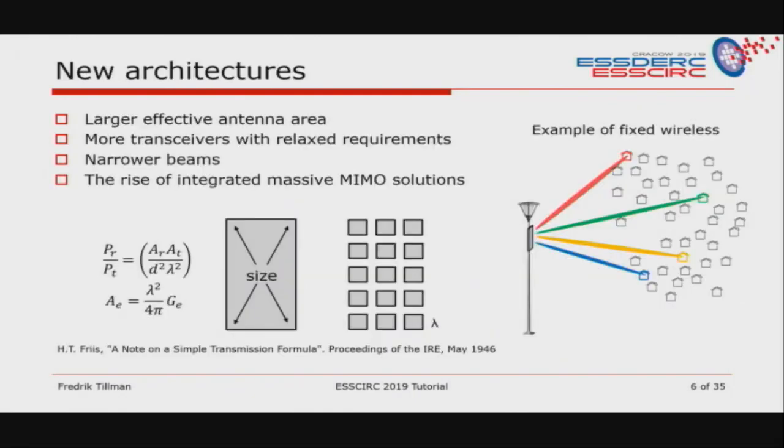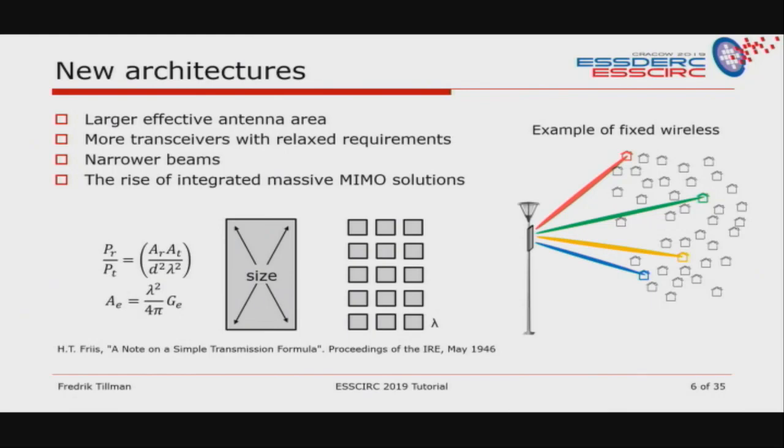What we do today is that we move into antenna array systems. We need to bring up the antenna game. Since we would like to increase the antenna area, and we are still limited by lambda, we have to bring it up by scaling antenna elements, and that is the array concept.